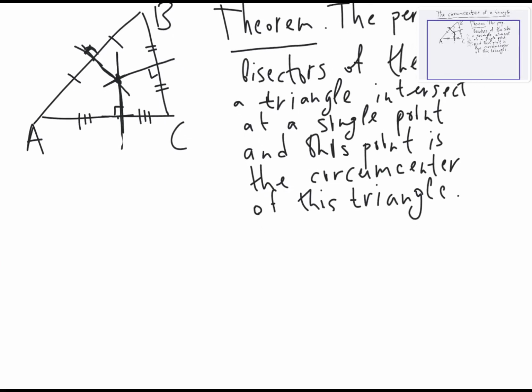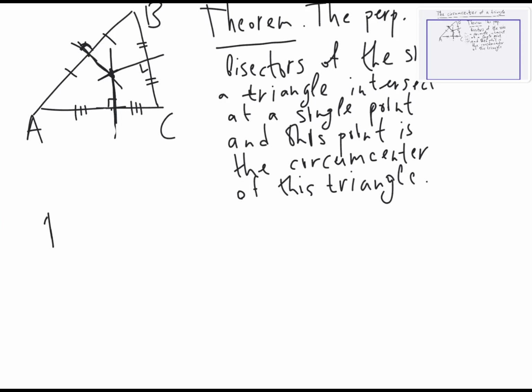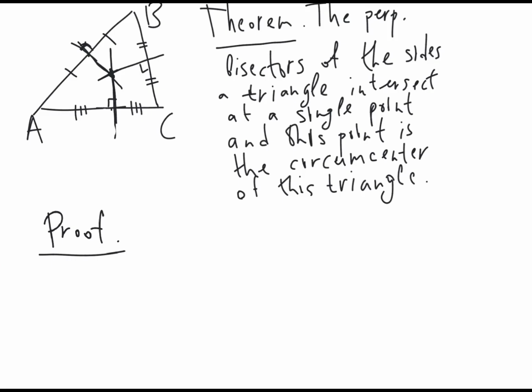Okay, so let's prove this. There is a property of a perpendicular bisector of any segment, that it is the locus of the points that have the same distance to the ends of this segment.